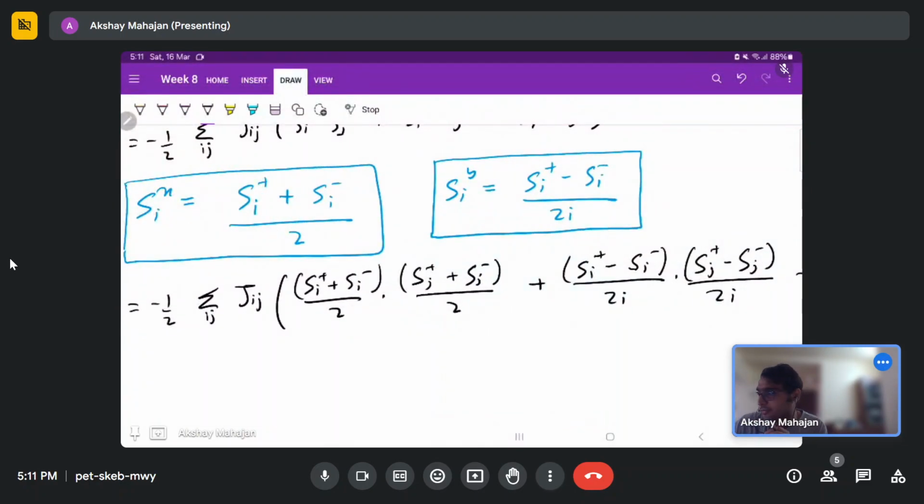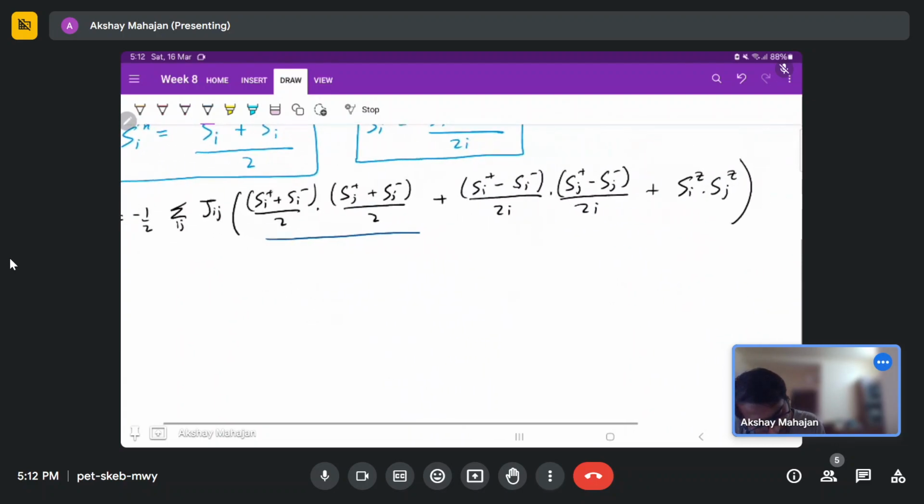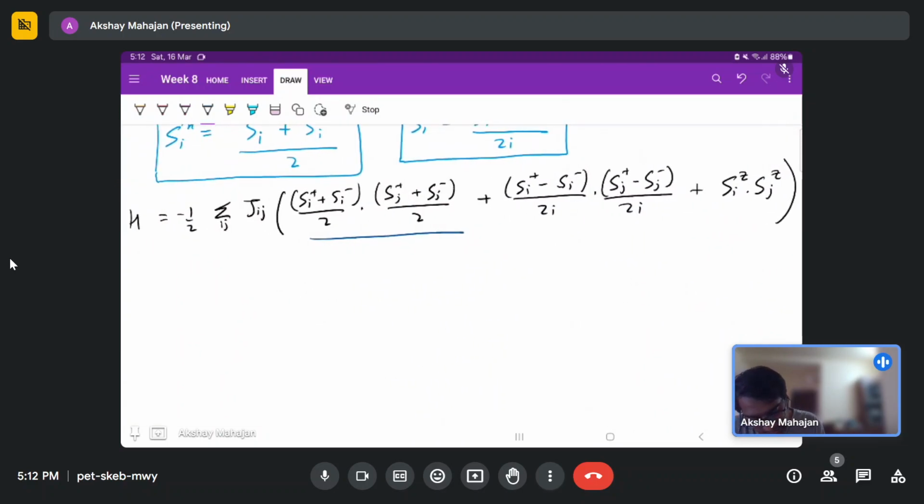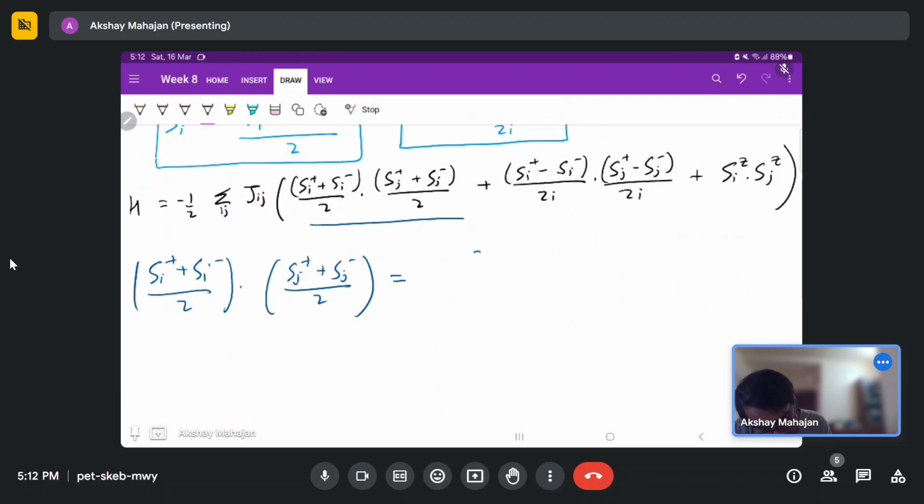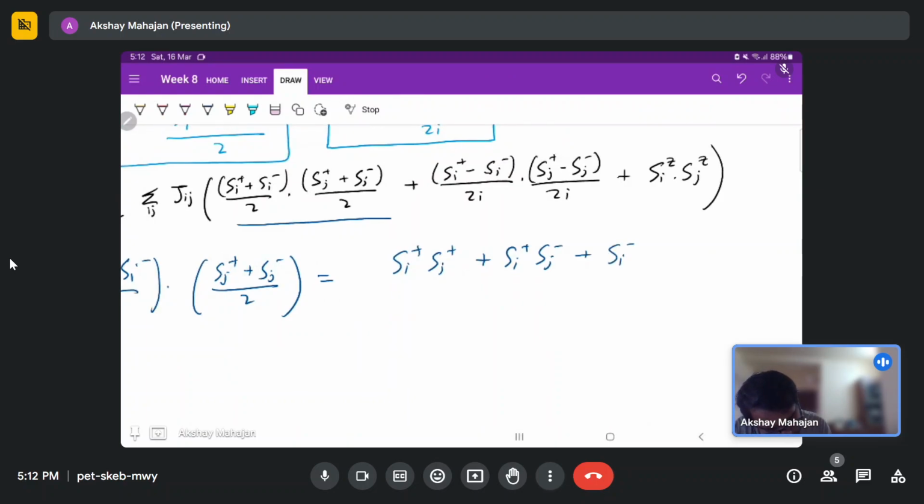So now let's solve this part first. We have S_i plus plus S_i minus divided by 2, dot product with S_j plus plus S_j minus divided by 2. So this will give you S_i plus S_j plus, S_i plus S_j minus, plus S_i minus S_j plus.